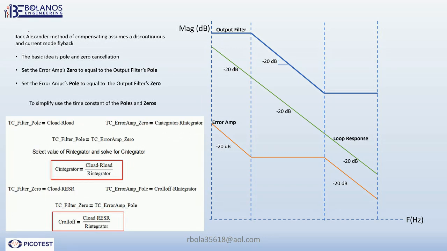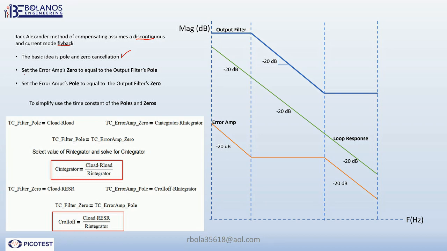Now I'm going to be using Jack Alexander's method of compensating the loop, and again, this is assuming discontinuous mode and current mode flyback. The basic idea is using pole and zero cancellation. What does that mean?